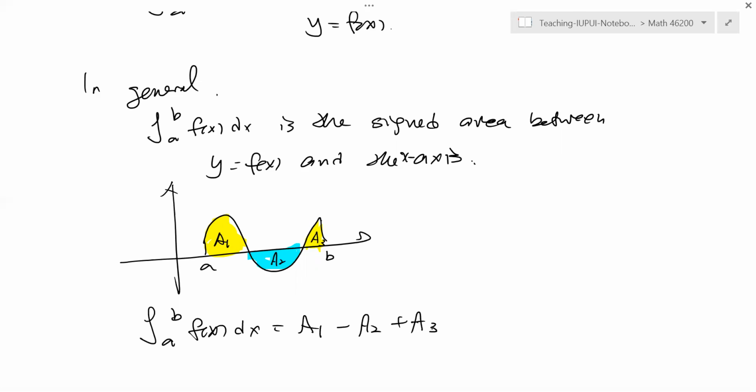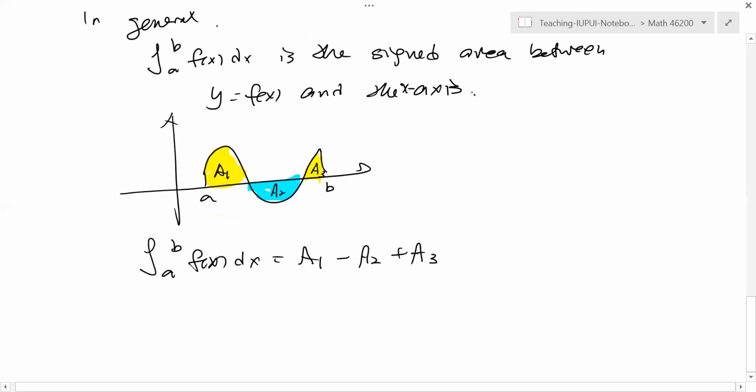Each capital A R denotes the area, which is a positive number, of the region between the x-axis and the curve. Then the integral is going to be the signed area, which means just the sum of the areas of the regions with a sign.